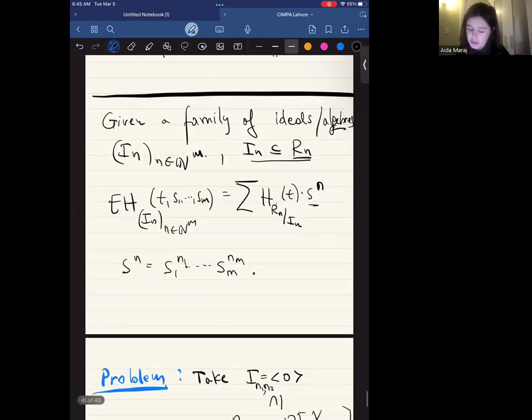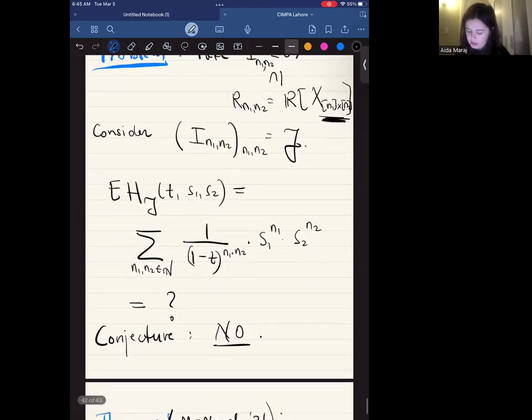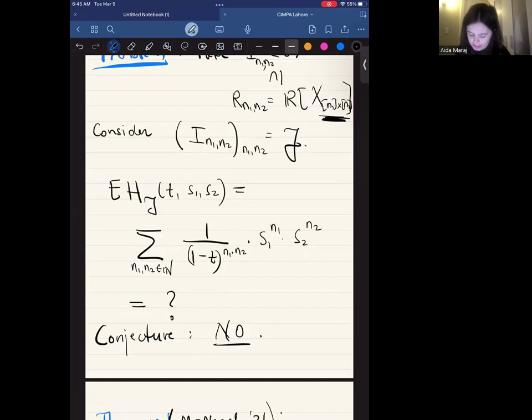But the previous theorem only holds when you are working here in C by N. The previous theorem says that if I make this N, like I don't have N1 here, if I'm not summing over N1, it's easy to prove in this case. If you are not summing over N1, then you can rewrite this as the sum of, let's say we are not summing over N2.